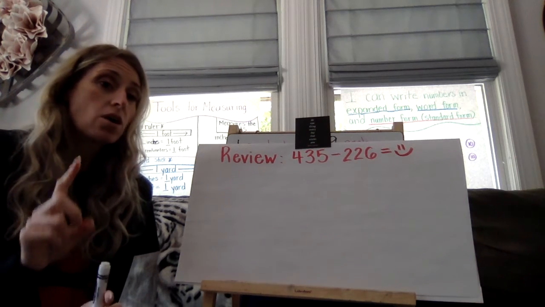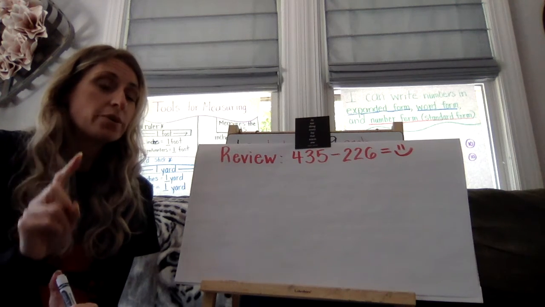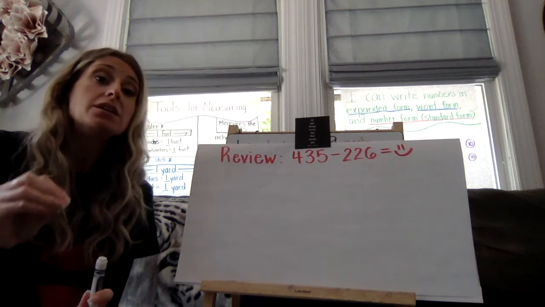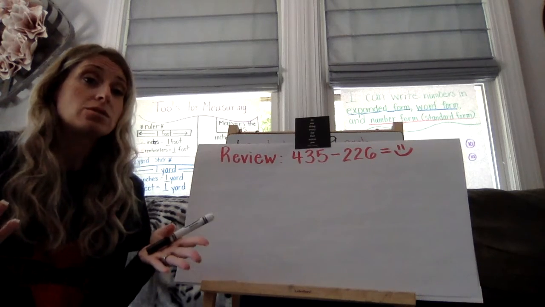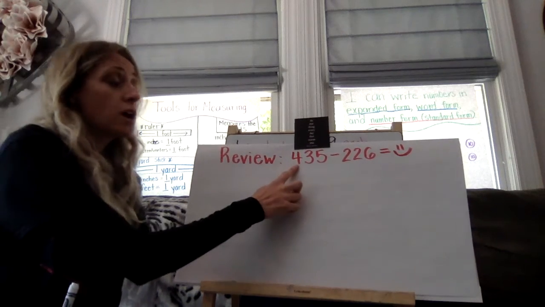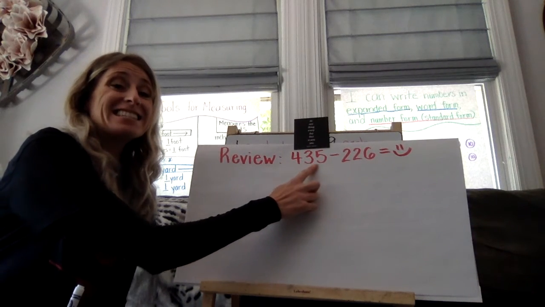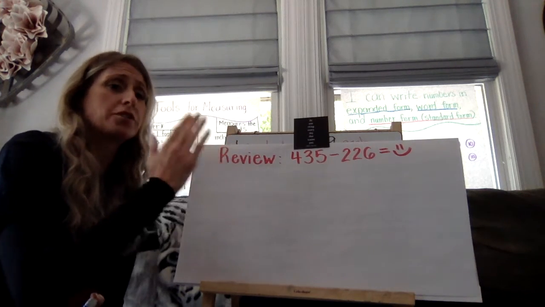Well, the first thing that I always want students to do is estimate what their answer is going to be around so that they know when they get their answer if it seems like it could be the answer. So, for example, 435 is less than 450, which is right between 400 and 500.